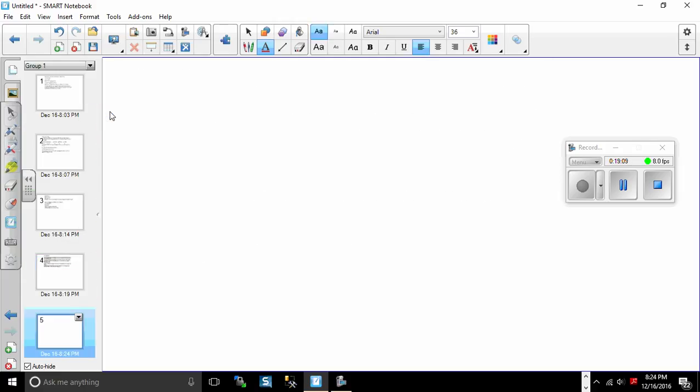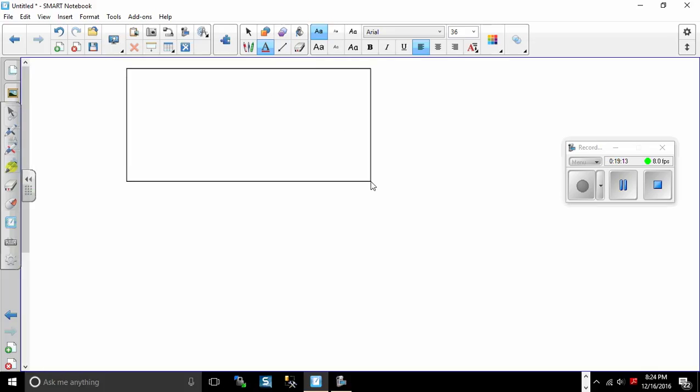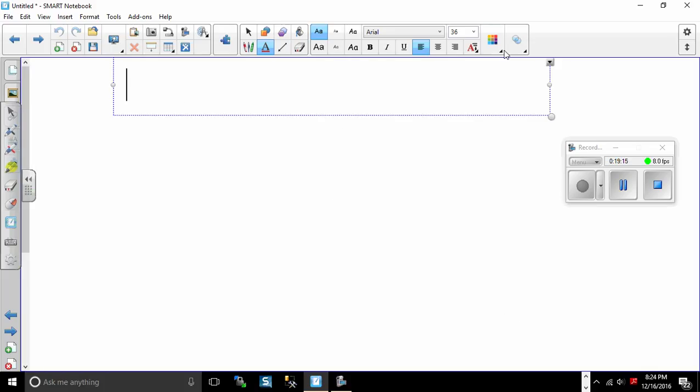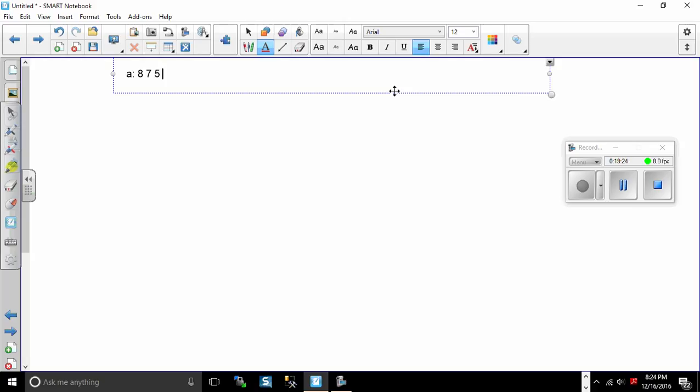So here's my array. It consists of the unsorted 8757754. And when you sort it, we get 4557778.